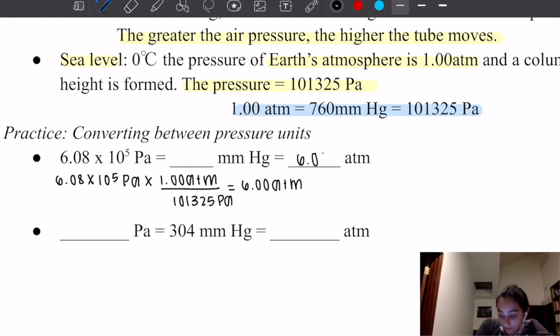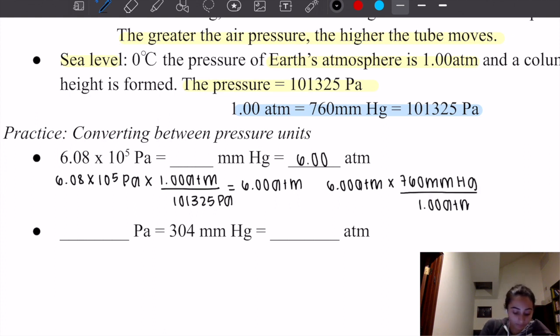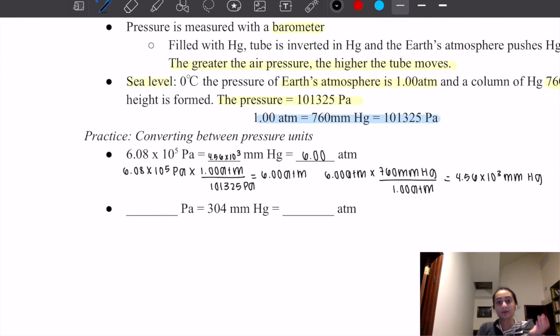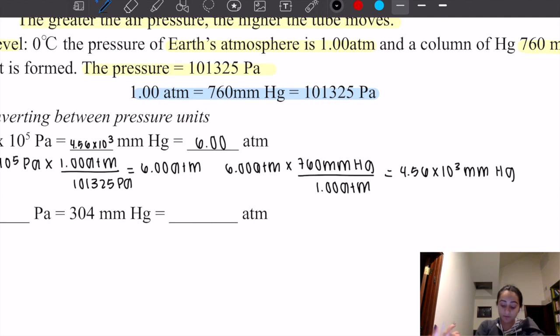And now we can multiply that by 760 to get 4.56 times 10 to the 3rd millimeters of mercury. And you will get the same thing regardless of which unit you convert to first.